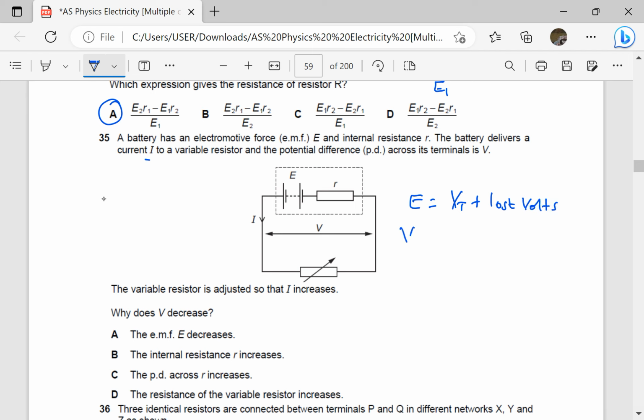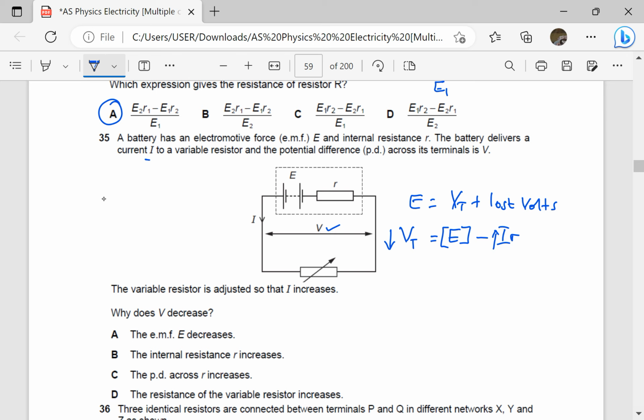So the terminal PD, which has been labeled V, is equal to the EMF, which is of course constant, minus the lost volts, which is current times internal resistance. So if I increases and E is constant, V must decrease.